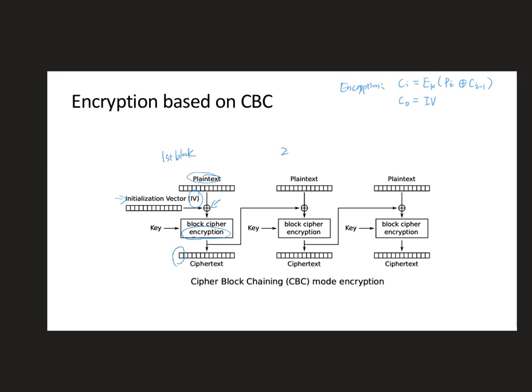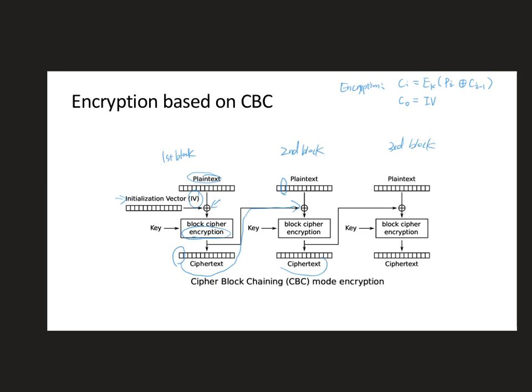Then in the second block encryption, we don't use the initialization vector anymore. We use the first block of the ciphertext instead to do the XOR operation with the second block of the plaintext. Then it's the same thing for the third block.